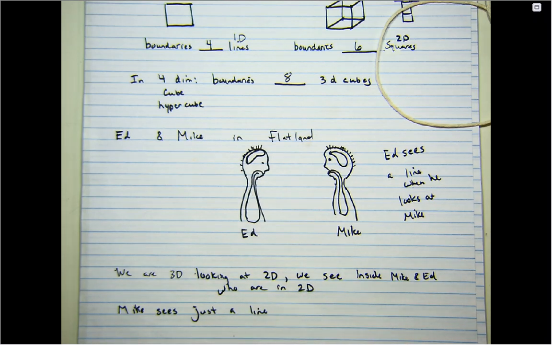So that makes us think about, well, if that's similar, and there are 4D creatures, what could the 4D creatures see when they look at us who are in 3D?